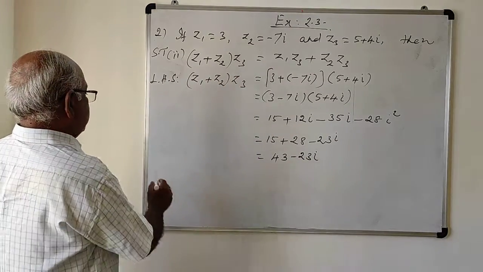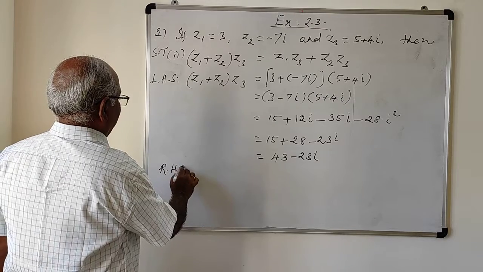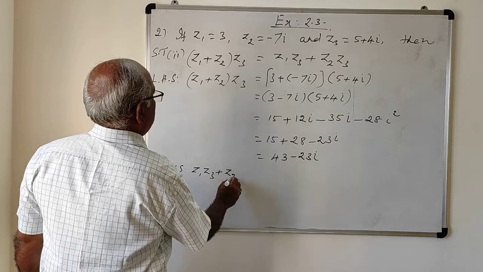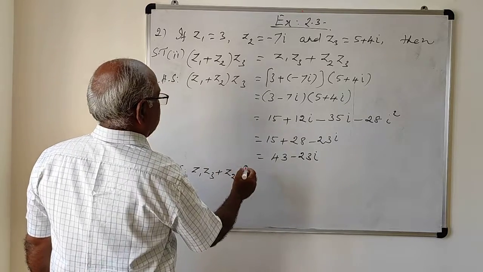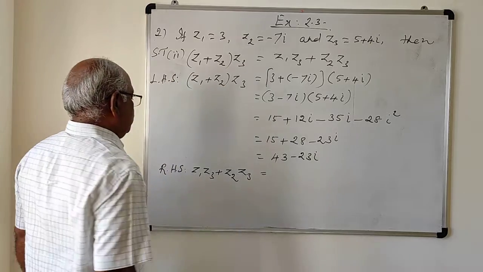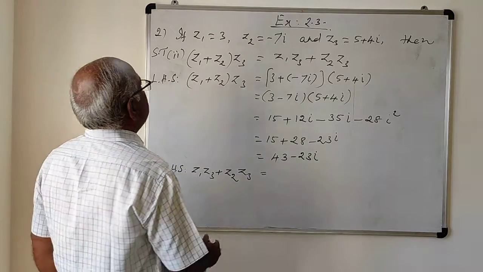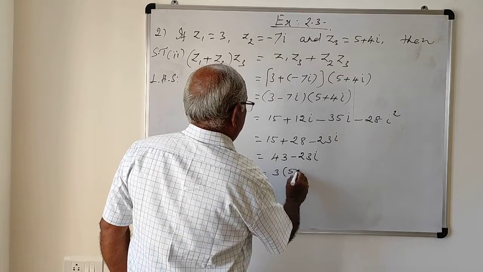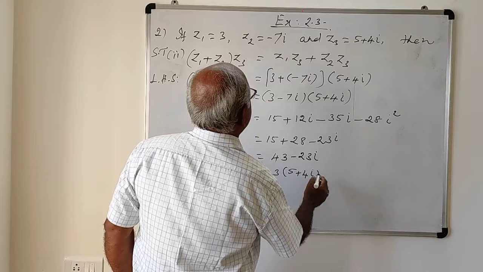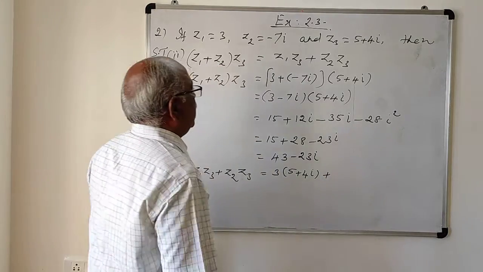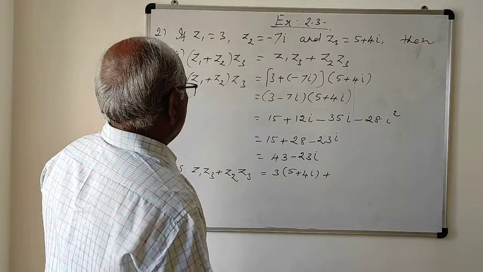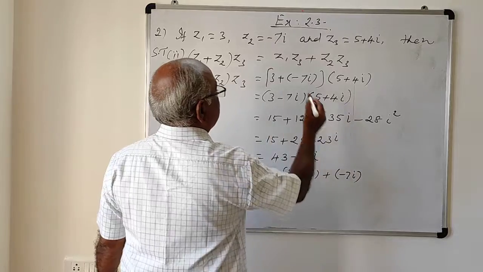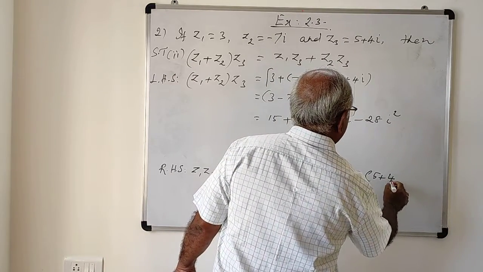For the right hand side: z1 into z3 plus z2 into z3. What is z1? 3 into z3, 5 plus 4i, plus z2, minus 7i, into z3, 5 plus 4i.